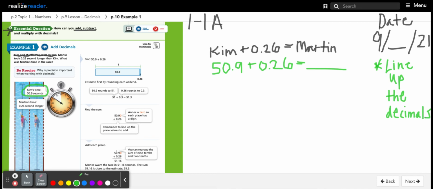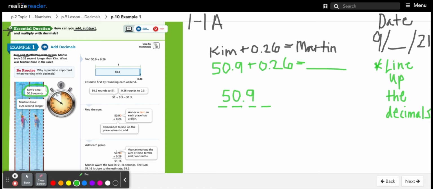So first I'm going to write my 50.9. Now, when I look at 50.9, I know that there's a 0 in the ones place, a 5 in the tens place. The 9, what place value is that 9 in? The 9 is in the tenths place. And after the tenths place would be the hundredths place.